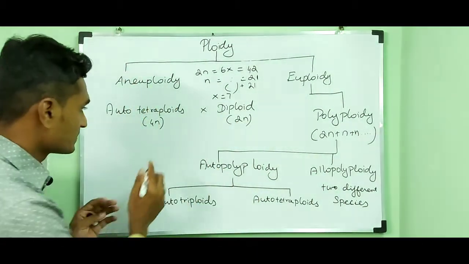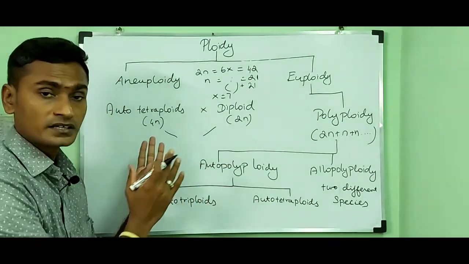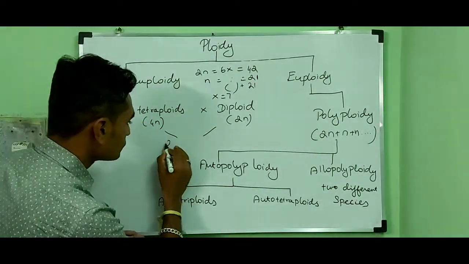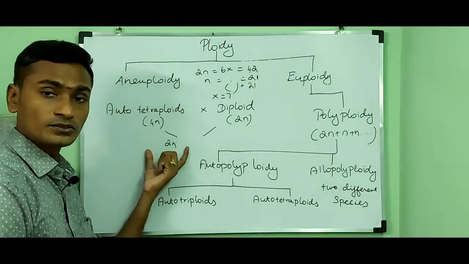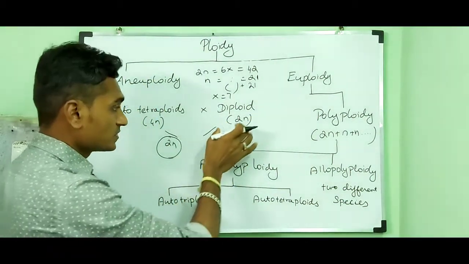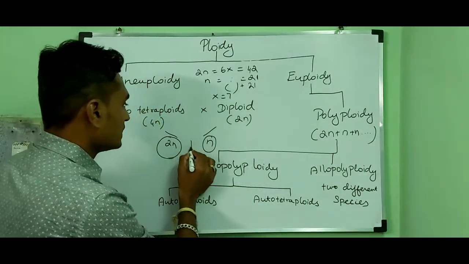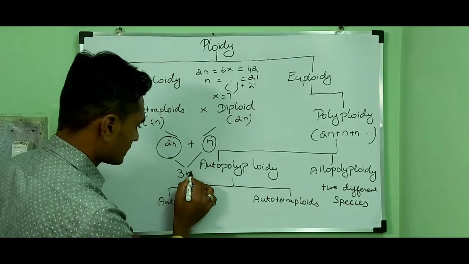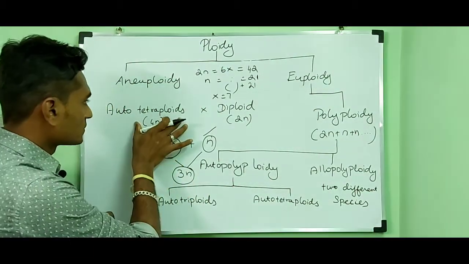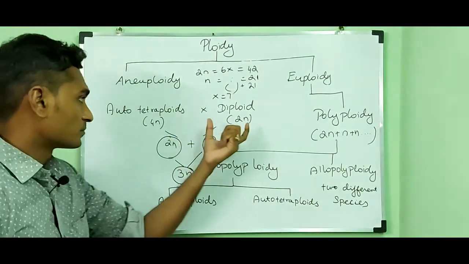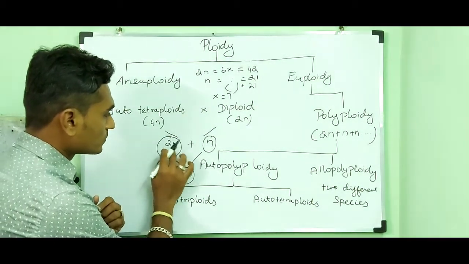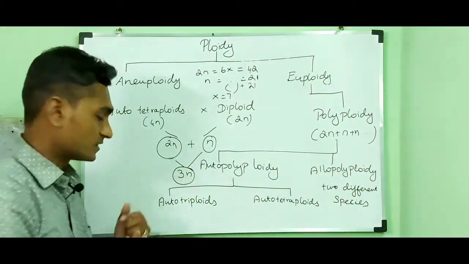During gametogenesis they undergo meiosis, so the chromosome number is reduced by half. The autotetraploid produces gametes with 2n, and the diploid organism produces gametes with n, and they fuse to form 3n. That is called an autotriploid.